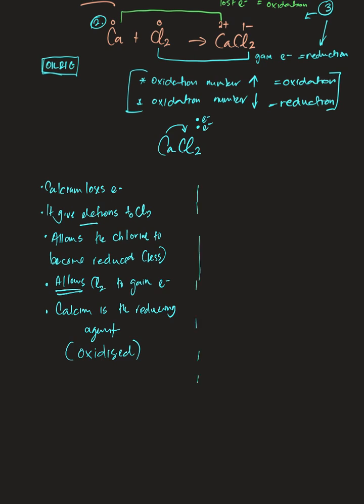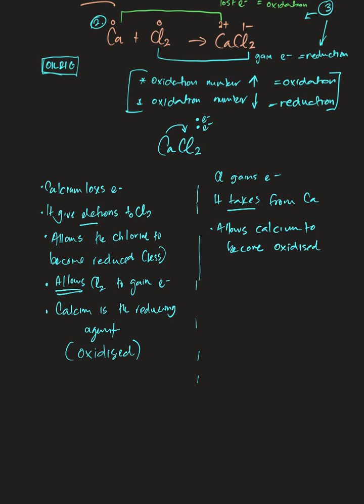If I look at the chlorine, it gains electrons. It takes electrons, this is important, from the calcium, but by doing that, by taking the electrons from calcium, it allows calcium to become oxidized.